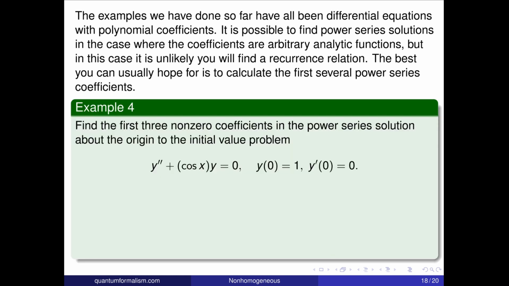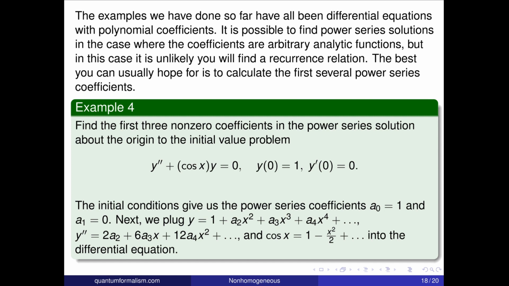Okay, so let's find the first three non-zero coefficients of the power series solution about the origin to this initial value problem, y of 0 equals 1 and y prime of 0 equals 0. So now we're dealing with something with a coefficient of cosine x: y double prime plus cosine x times y is equal to 0.